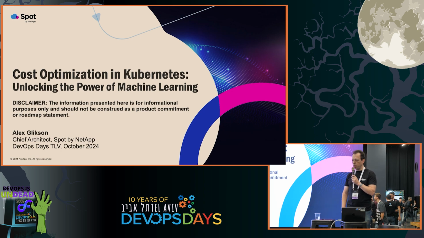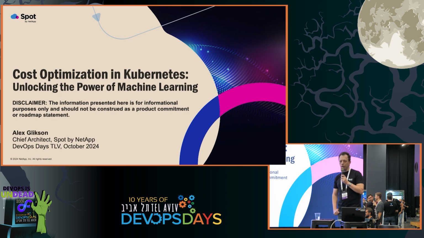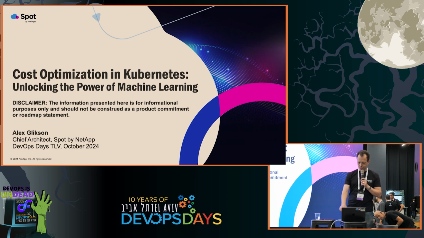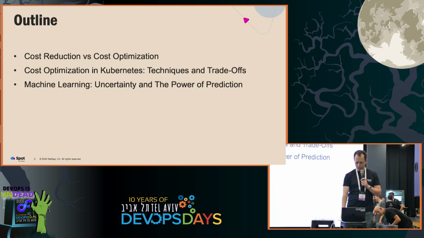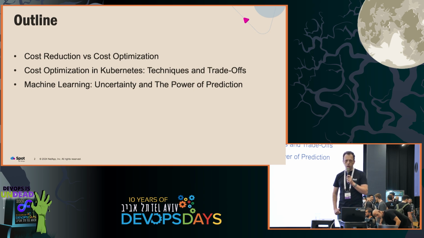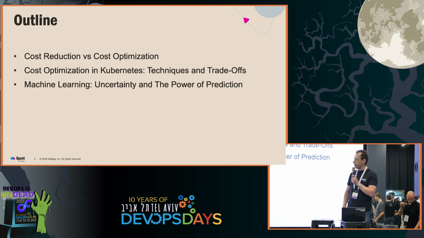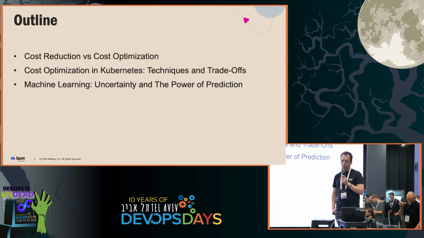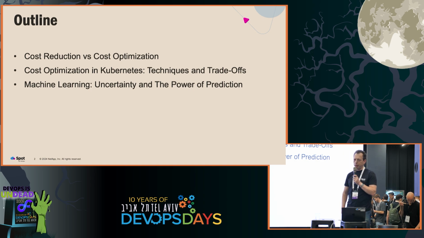I'm going to talk about cost optimization in cloud and in Kubernetes in particular, and how we are using machine learning to do it better. I'll talk about 3 topics in the upcoming few minutes. First, a brief distinction between cost reduction and cost optimization.